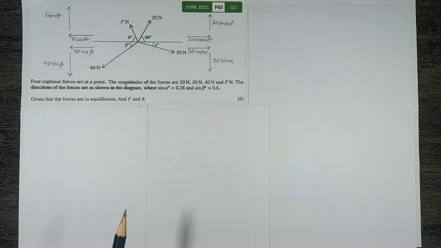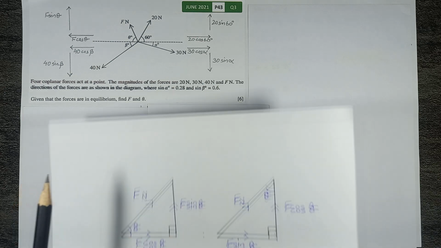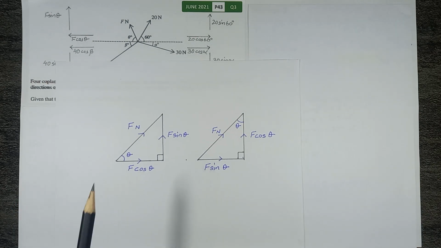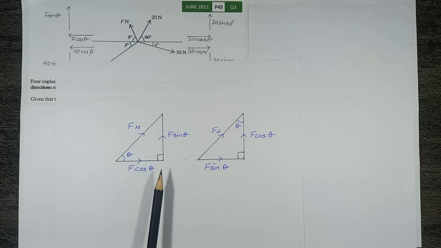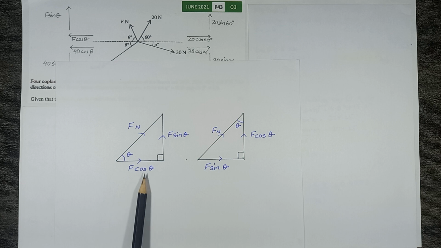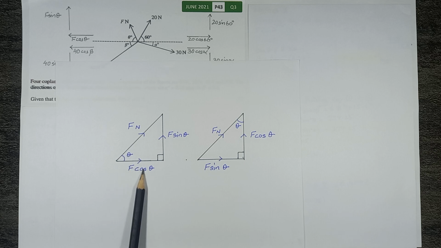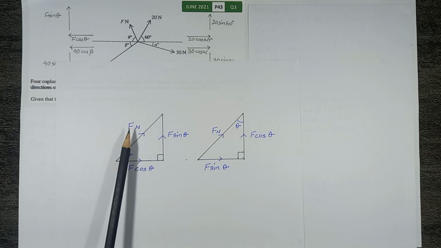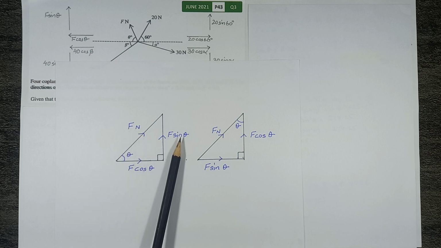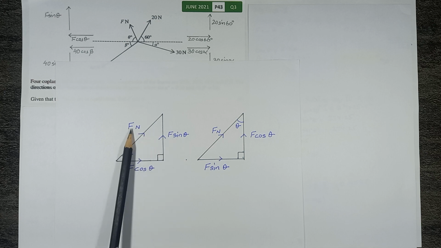Before starting with the question, let us first understand what the components are, because I have seen that students mostly have a misconception that the horizontal component is always a cos component of this particular force. It is not like that. For example, this is an angle that you are considering. That means if this angle is over here, the side next to that angle will be the cos component of that particular force, and the opposite side will be a sine component of that particular force.